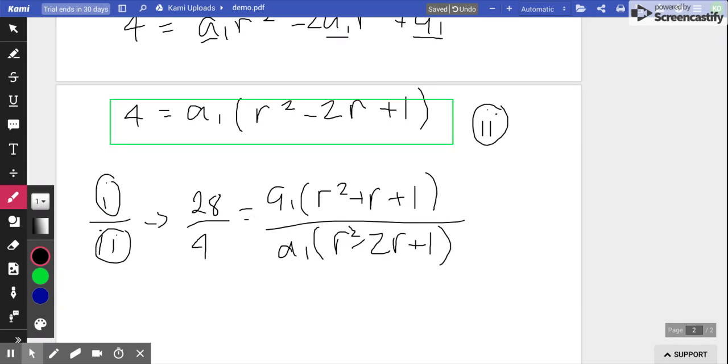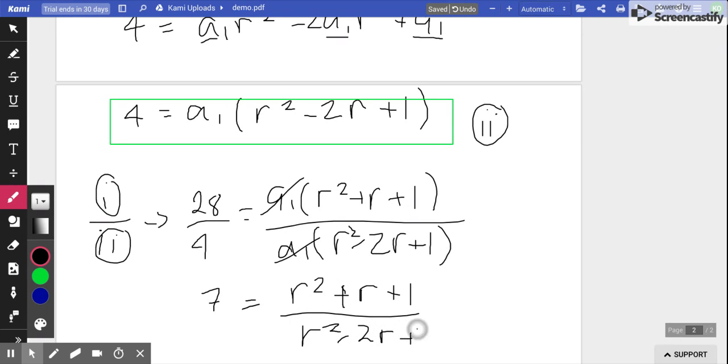Here we go. So this is gone, this is gone. This here is just going to be a 7. So 7 equals r squared plus r plus 1 over r squared minus 2r plus 1.